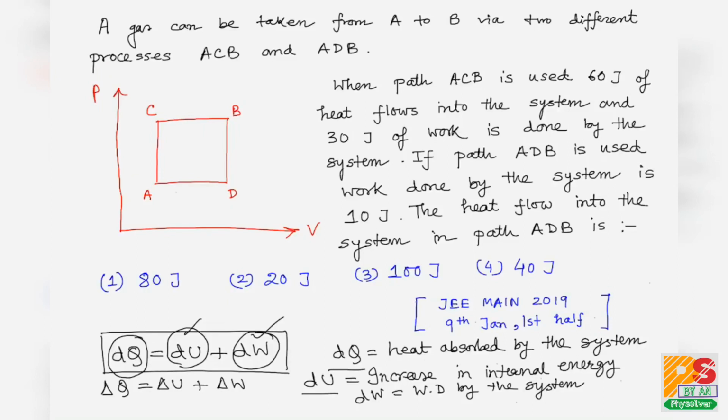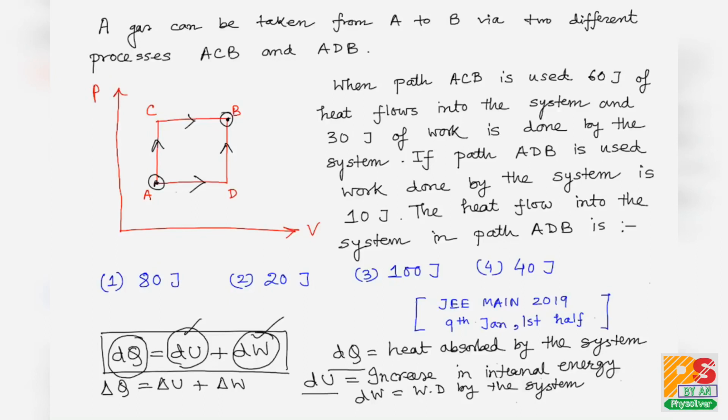Now coming to this question, here the gas is taken from A to B, that is from this point to this point, via two different paths. One is ACB and the other is ADB, right? Now since the initial and the final state of the gas is the same on the PV diagram, I can say that the initial and final temperature will also be the same.